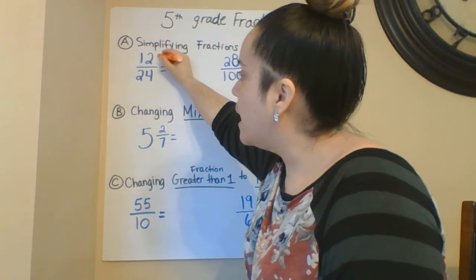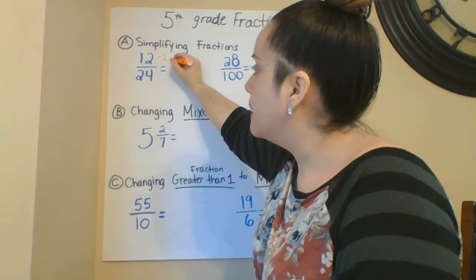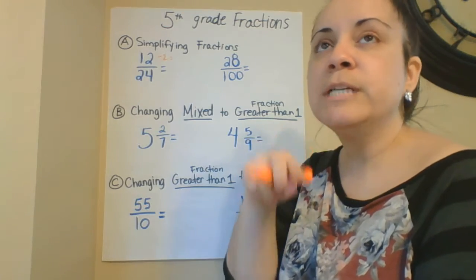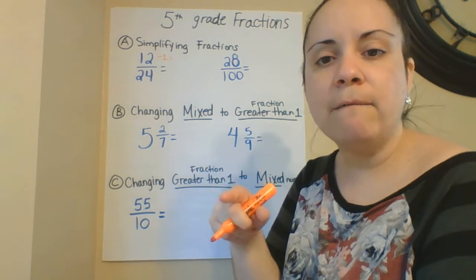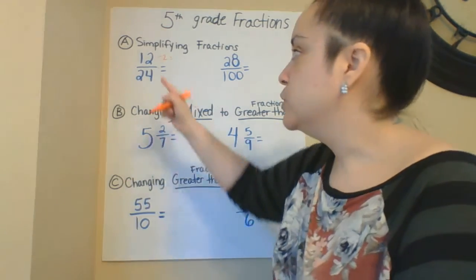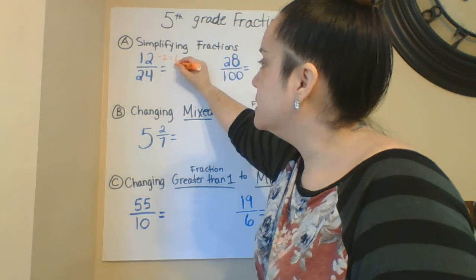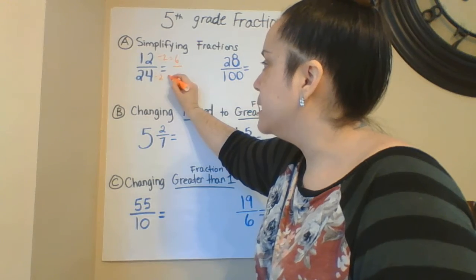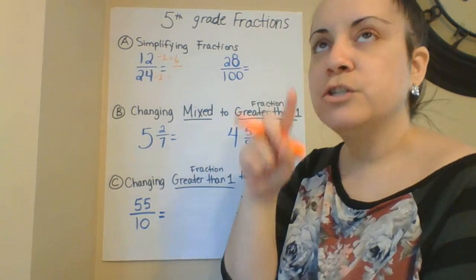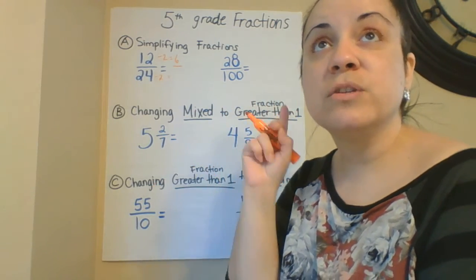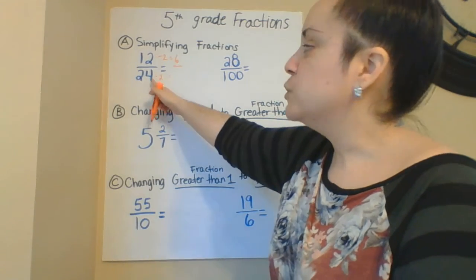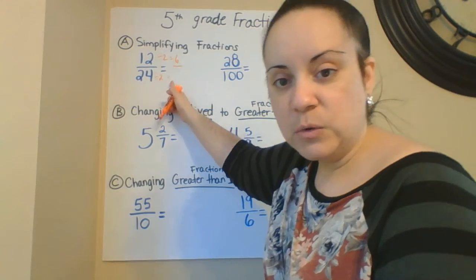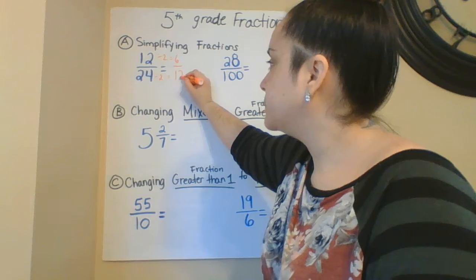So what is 12 divided by 2? 2 times 6 equals 12. So 12 divided by 2 equals 6. Now what is 24 divided by 2? 2 times 12 equals 24. So 24 divided by 2 equals 12.